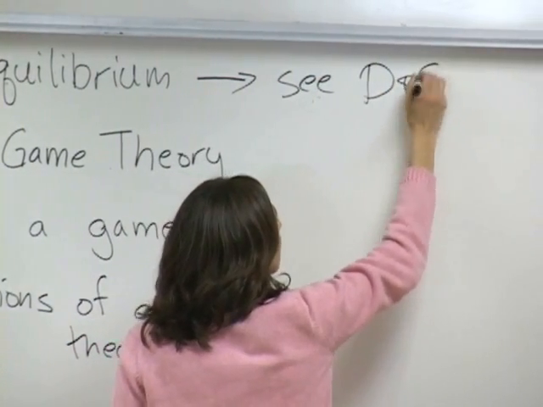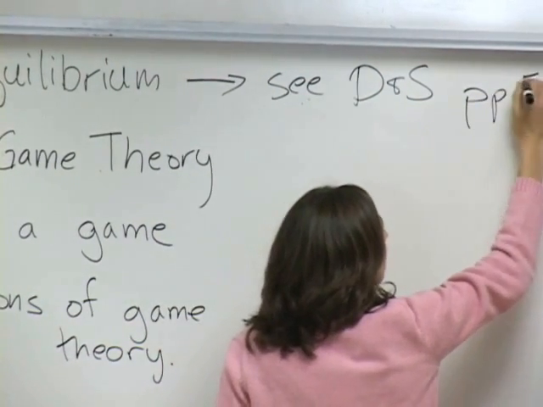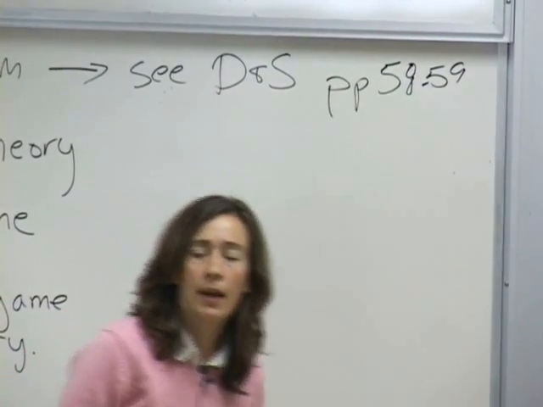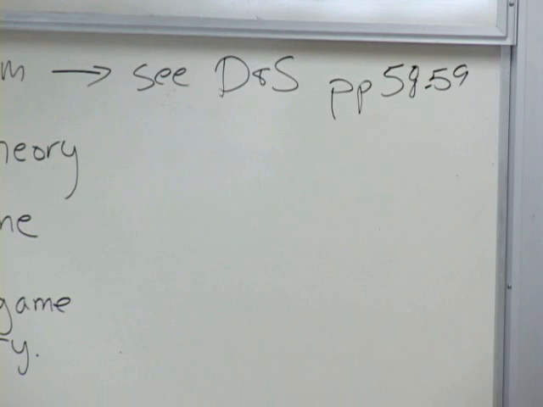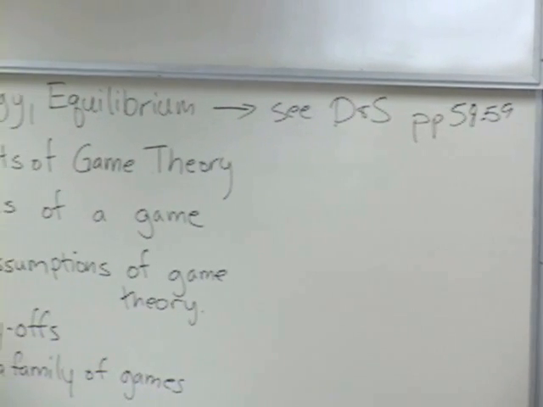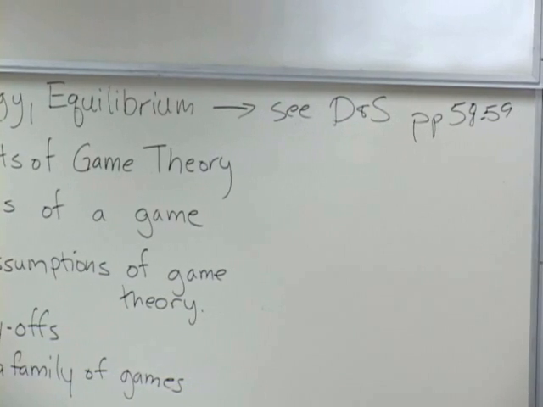See Dixit and Skeath, pages 58 to 59. Okay? Same thing that I just went over in the context of a slightly different game. I think it always helps to see the same idea in more than one context.